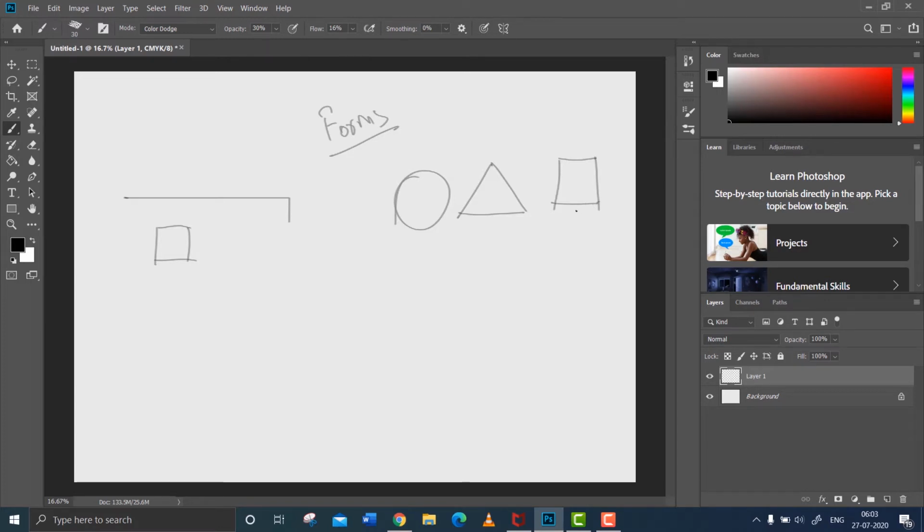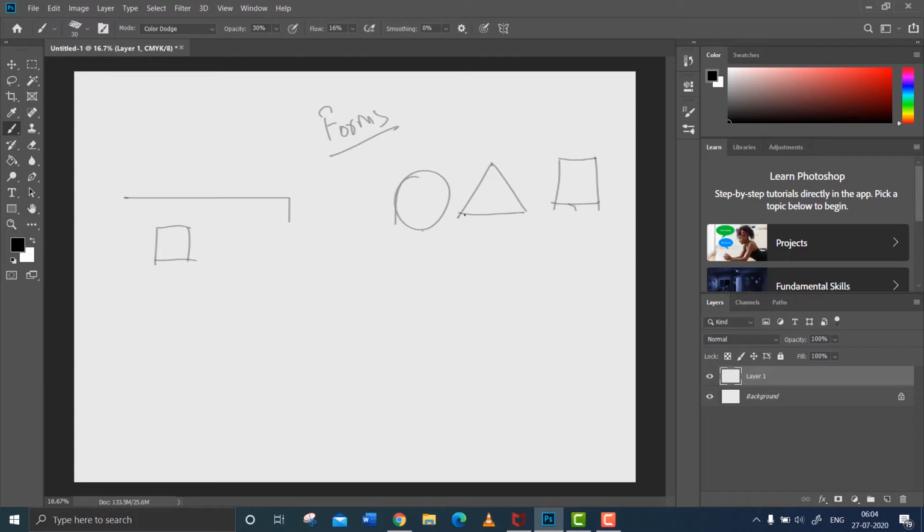Now, we can make anything 2D out of these three shapes, and we can make anything 3D by the forms that I'm about to show you. So just combine these shapes, any two of them, and you get a form.